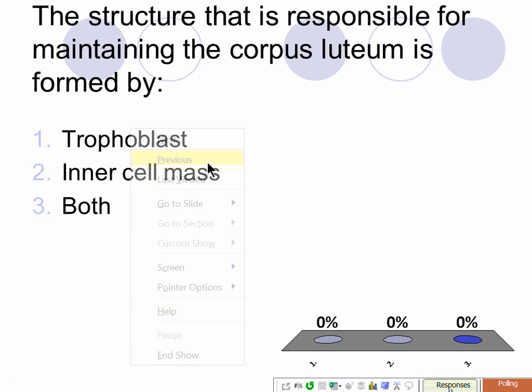I don't know, did it show? Well, for some reason it didn't. So anyway, the correct answer is the trophoblast, because the trophoblast forms the placenta, which is responsible for maintaining the corpus luteum.